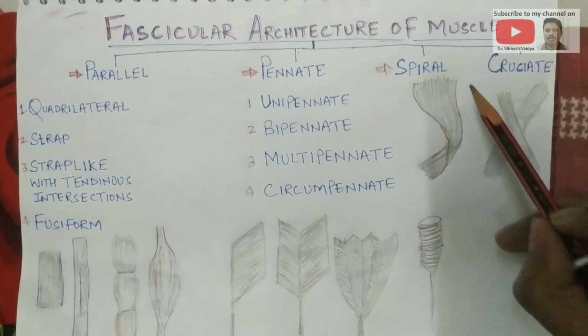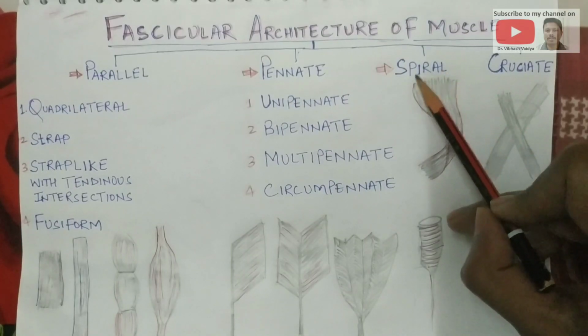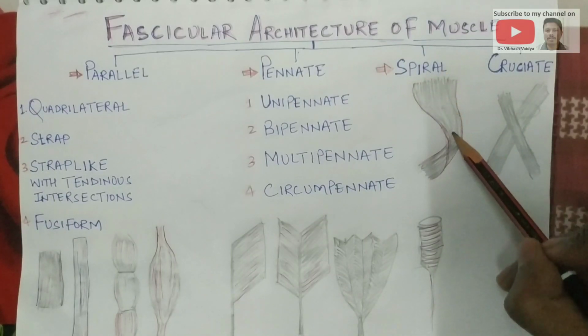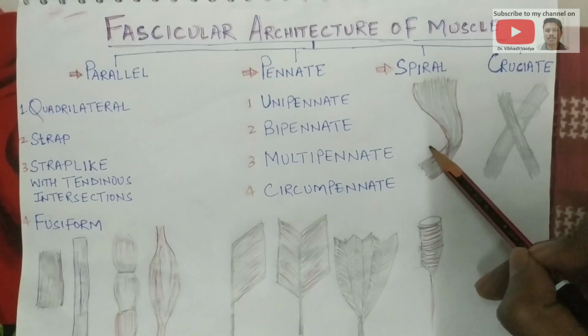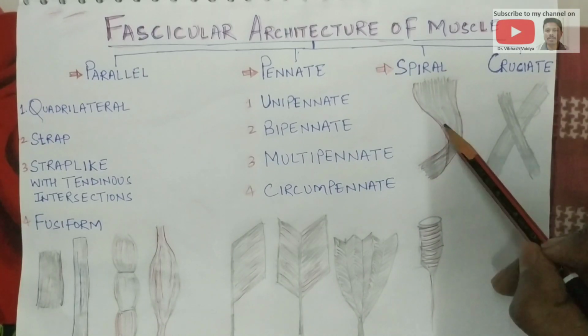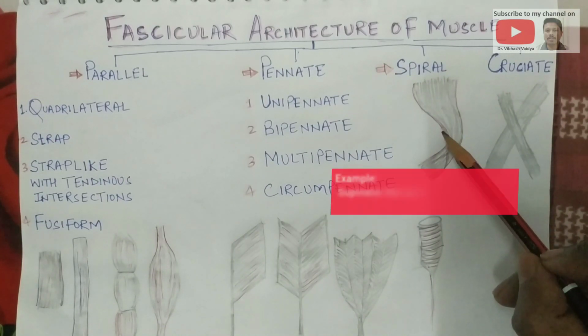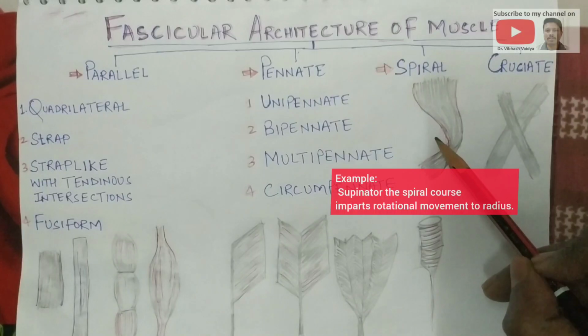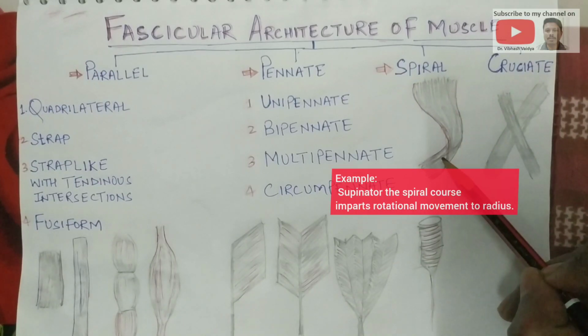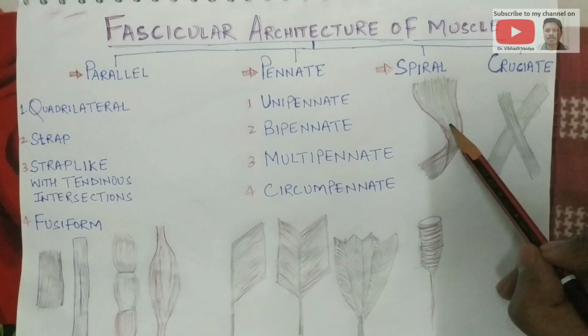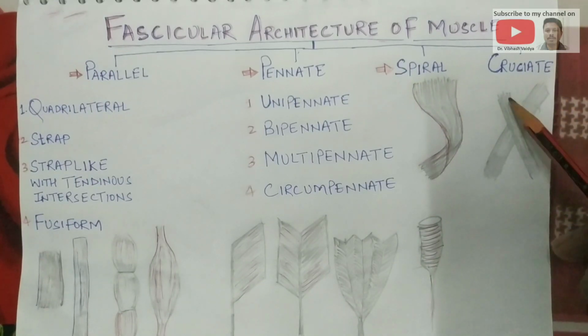Now the spiral muscles. As the name indicates, the muscle fibers are spirally twisted. Here you can see the muscle fibers twisted in arrangement close to their insertion. An example of a spiral muscle is the supinator, whose spiral course imparts rotational movement to the radius. Now the cruciate muscles.